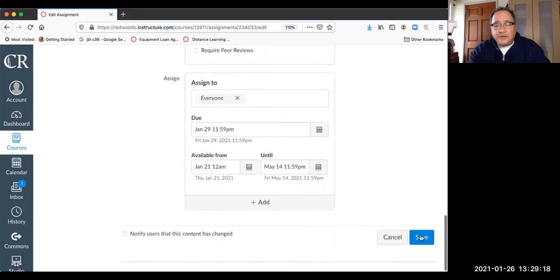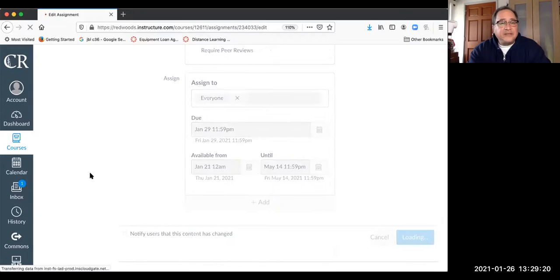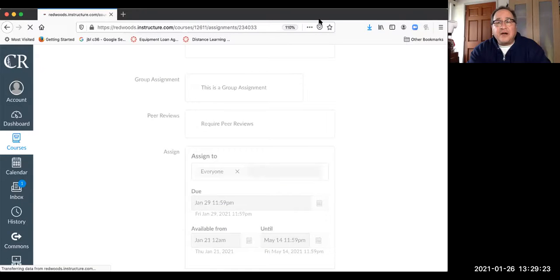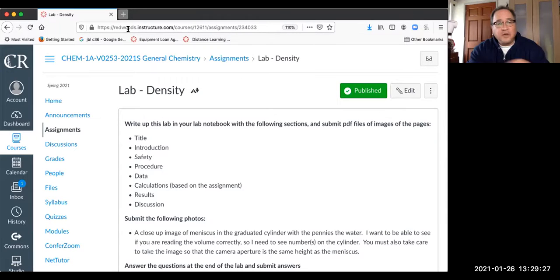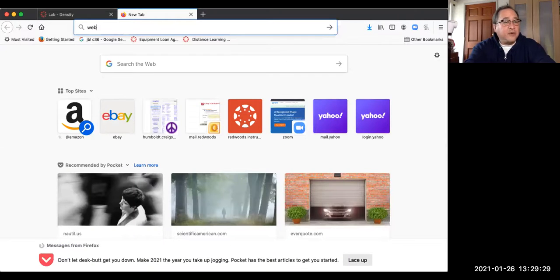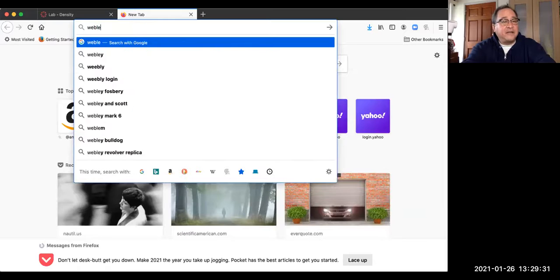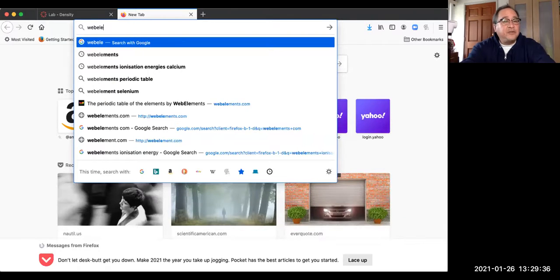And what we're going to do now is go to webelements.com. Webelements.com is a great website that chemists like because it gives you a lot of facts about the different elements.